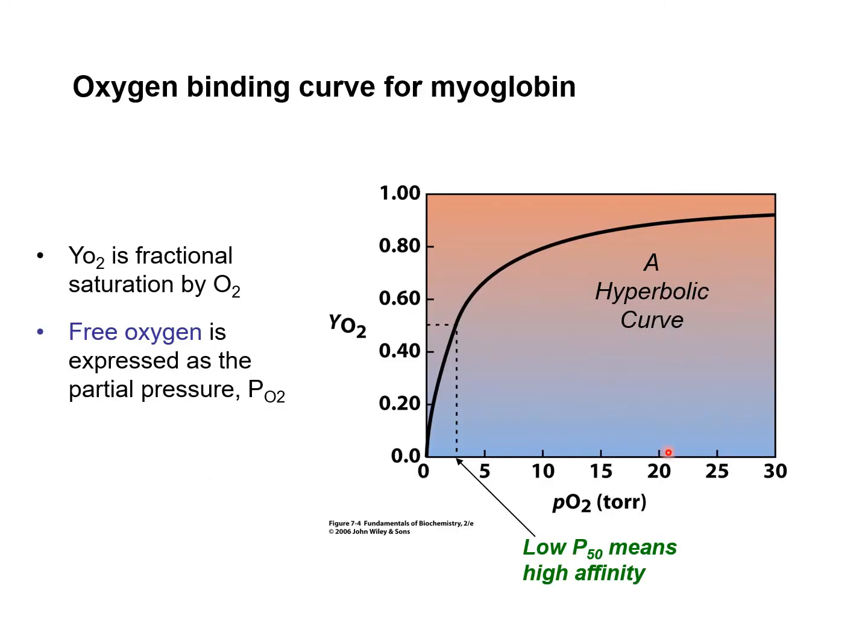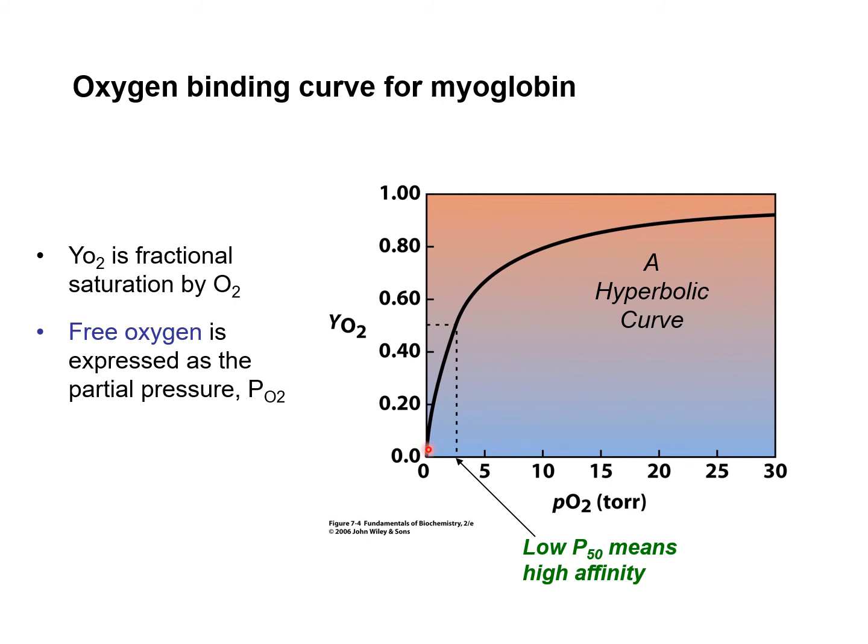This plot shows the oxygen binding curve for myoglobin, where the x-axis indicates free oxygen, expressed as the partial pressure of O2 or PO2, and the y-axis shows the YO2, which is the fractional saturation of the myoglobin by oxygen.